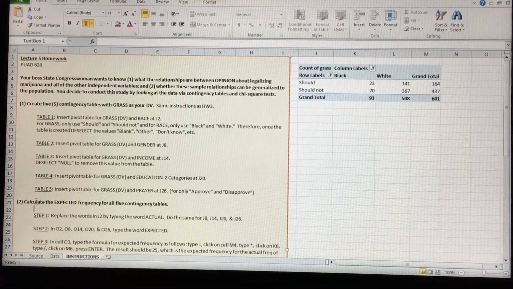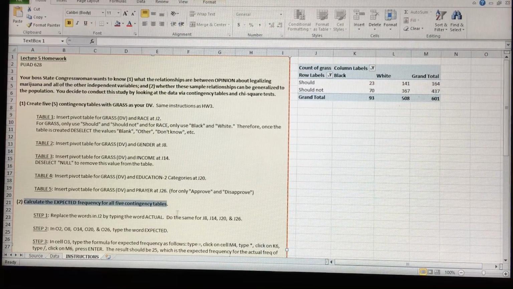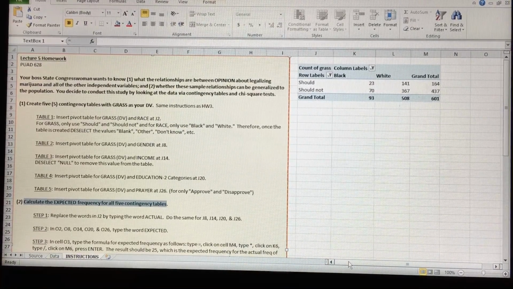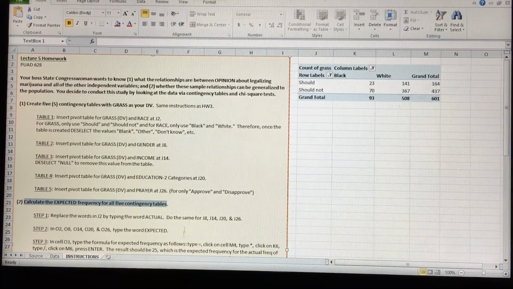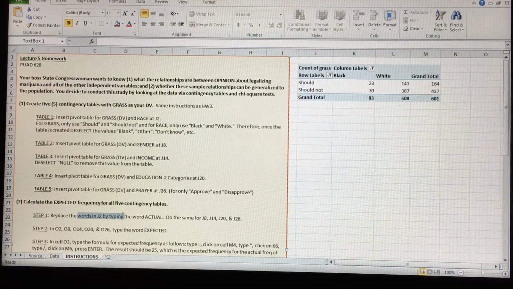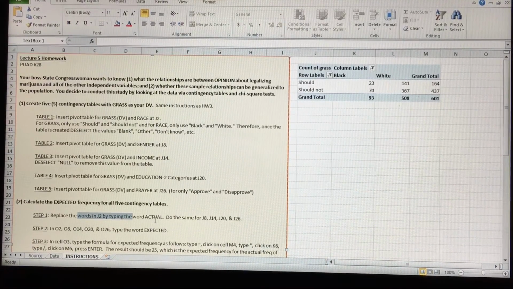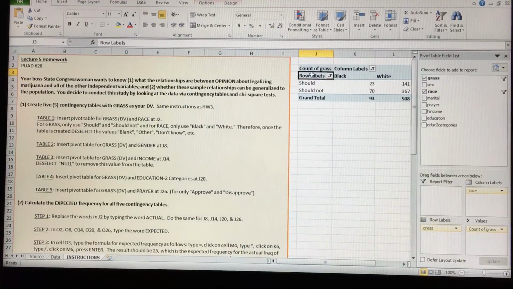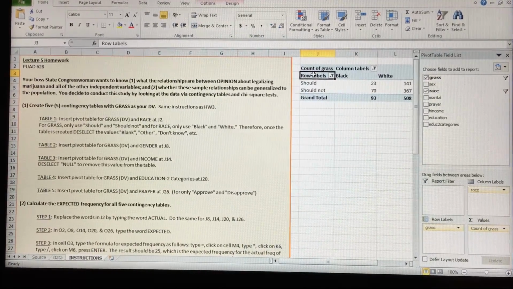Step 2 is to create the expected frequency for all of the 5 contingency tables. Replace the words in J2 by typing the word actual. Oh, sorry, I'm stumbling on my words.